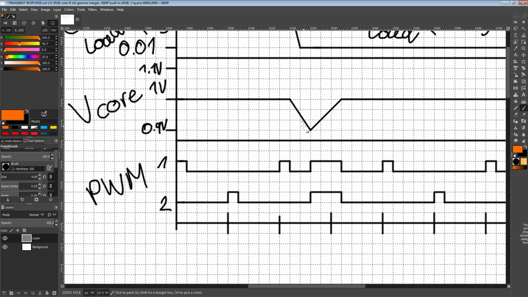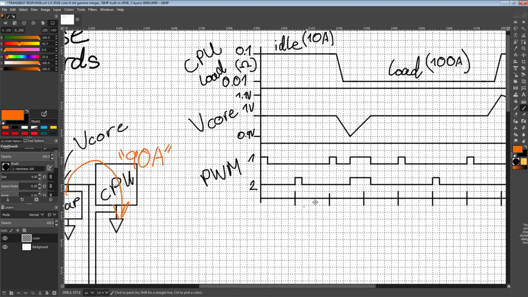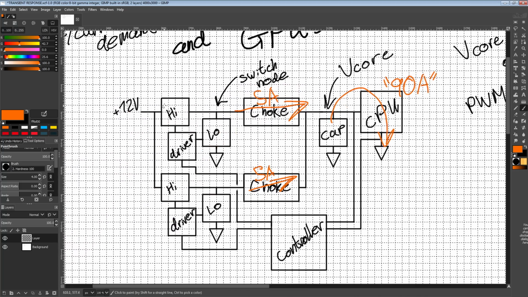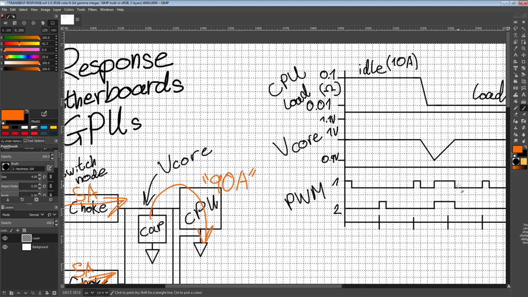But eventually our controller makes the PWM signal adjustment, and essentially it tells both MOSFETs to turn on. This adjustment I've drawn is not very realistic. There are some controllers that can do something like that, but there are lots of controllers that don't. Depending on the controller, there's going to be a very different adjustment to the PWM signal.